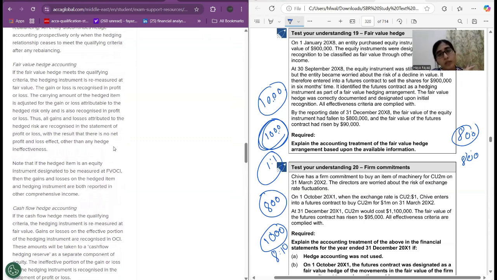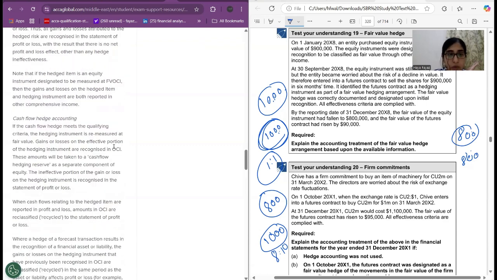Similarly, in OCI, then in OCI. Simple. Wherever you are accounting for it, either it is affecting P&L or OCI, respectively, you will account for it. So majorly the exception for the OCI treatment will be for equity instruments designated at fair value.